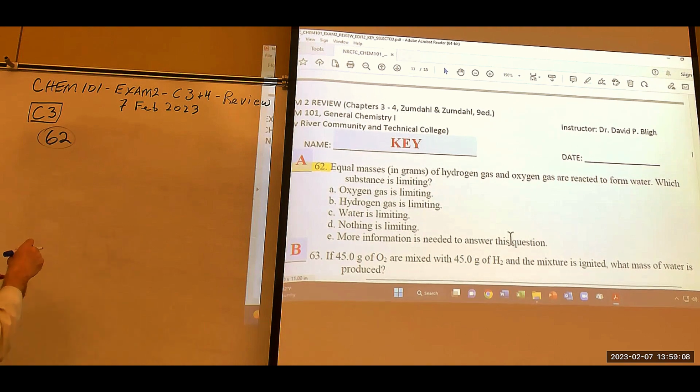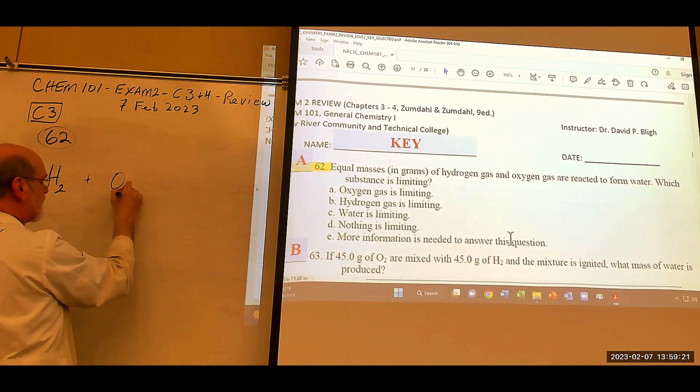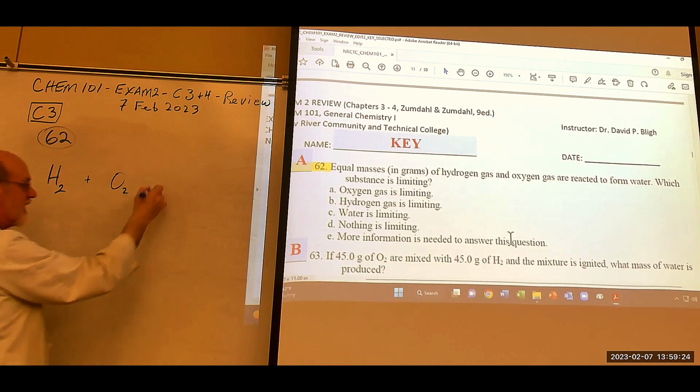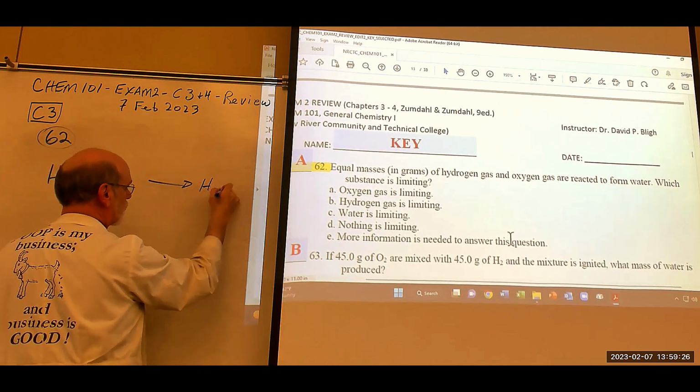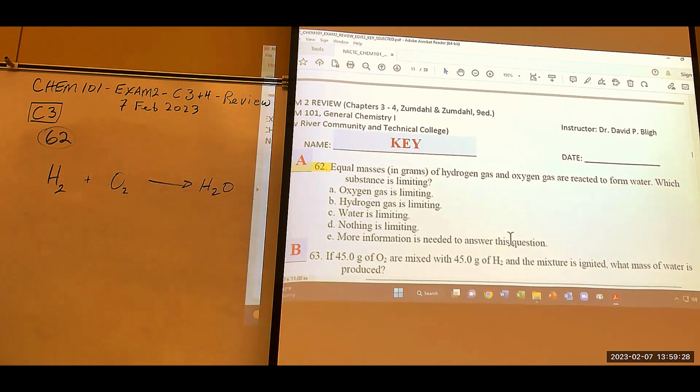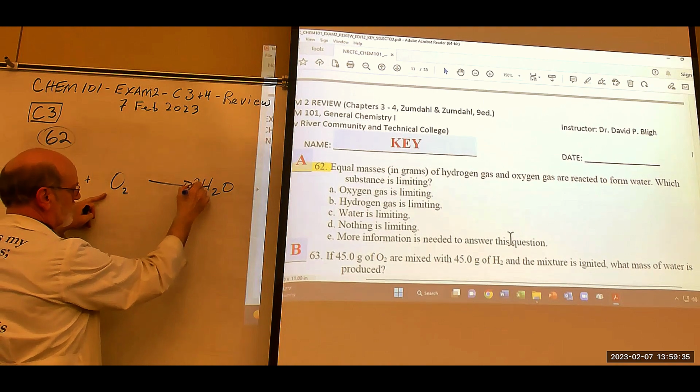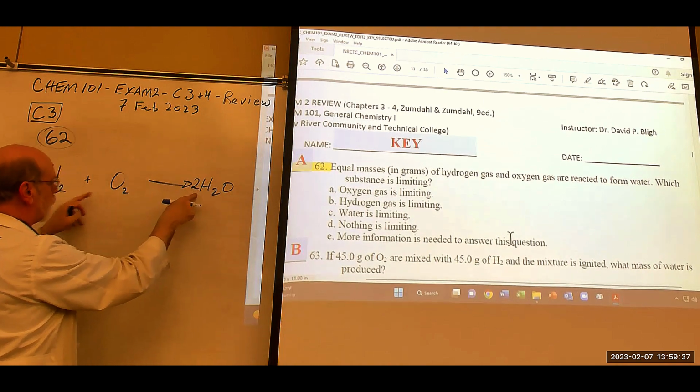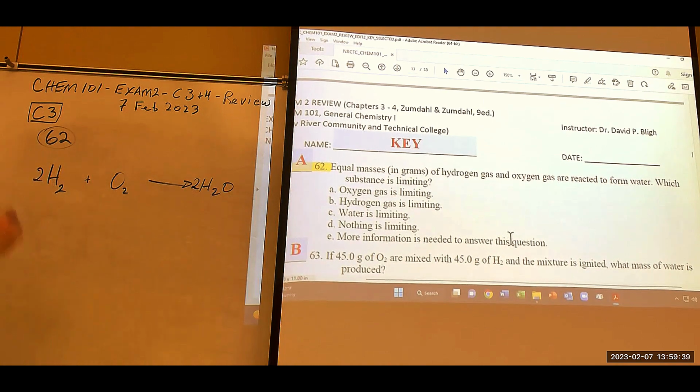Hydrogen gas, and this is where you have to remember, these are diatomic molecules. Hydrogen gas is H2 and oxygen gas is O2, and that yields water. Now you have to balance it. You need 2 oxygens on that side, and now you need 4 hydrogens on this side. So you're done.